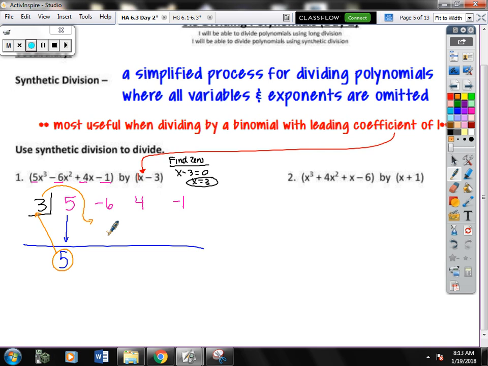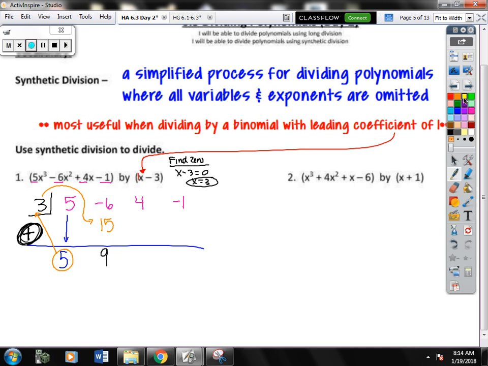So 5 times 3 is 15. We write 15 here. We are always going to add downward. You might want to put that in your notes nice and big. So -6 plus 15 would be 9.